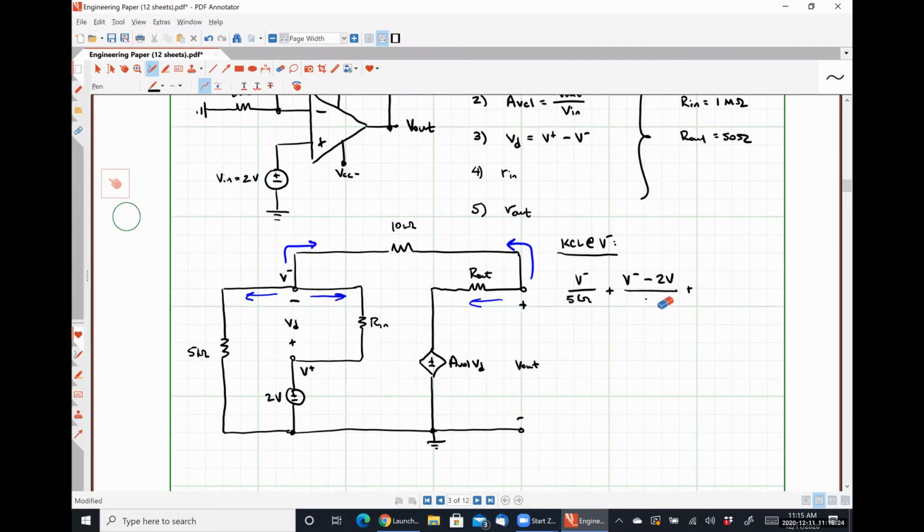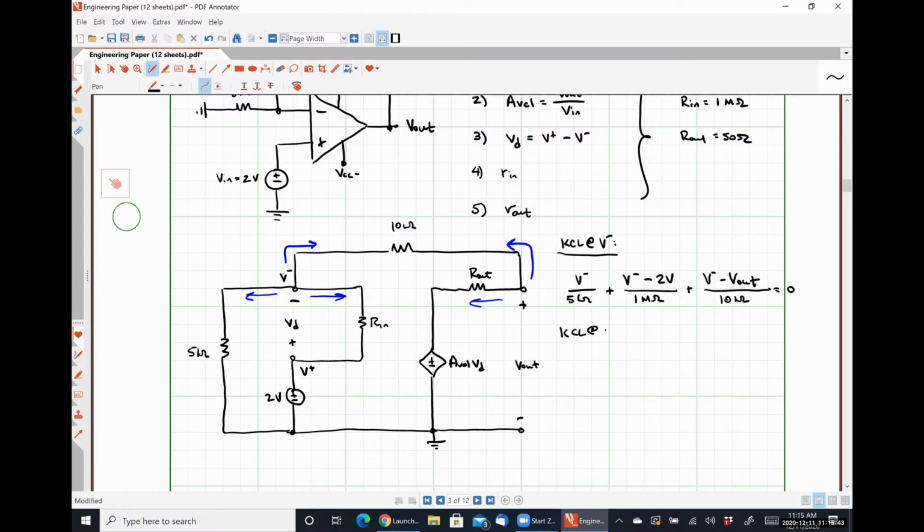So I'll just write it as 1 mega ohm. Make life a little bit easier. And lastly, we're going to have V minus minus V out divided by 10 kilo ohms is equal to 0.